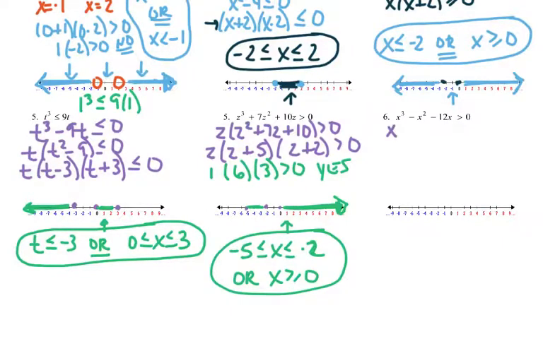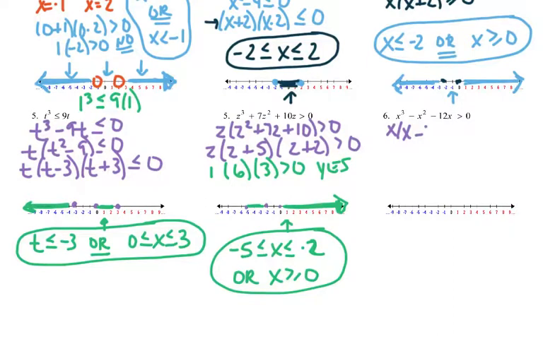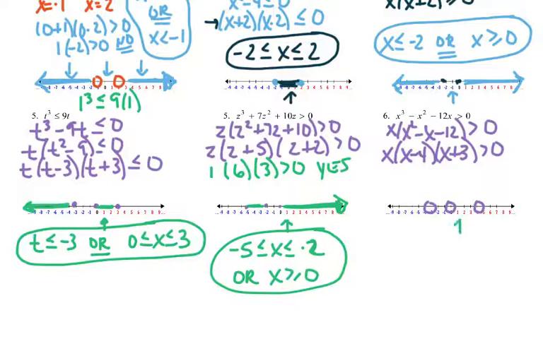Now you're getting the hang of it, so we'll just do one more real quick. X squared minus x minus 12 is positive. So x minus 4, x plus 3, positive. So I'm going to have open circles now at 0, at 4, and at -3. Test points in one of the chunks, so I'm going to test a 1.